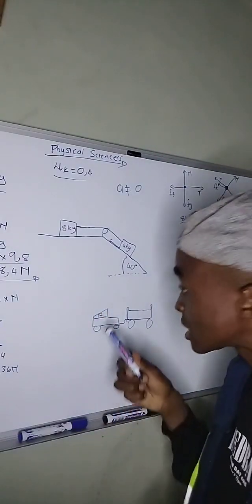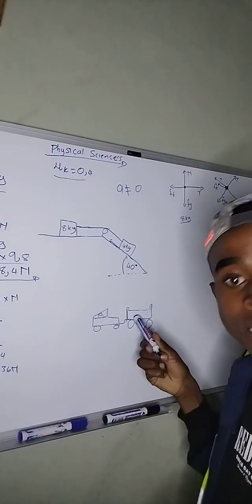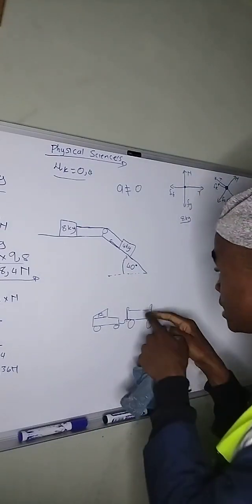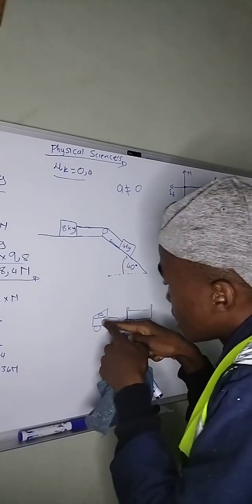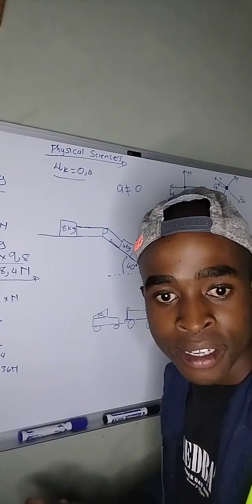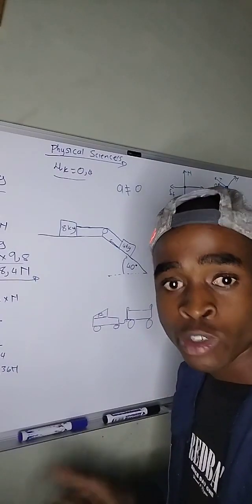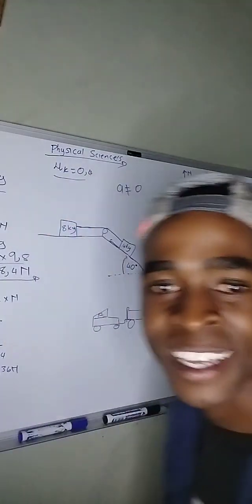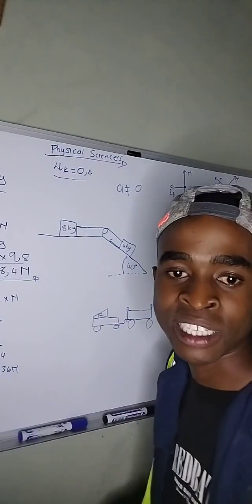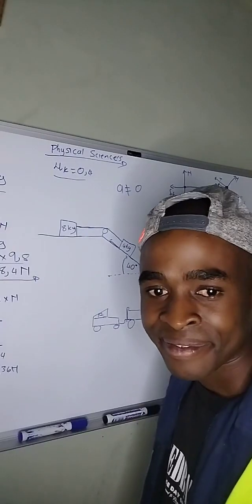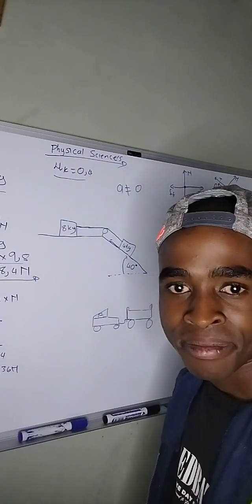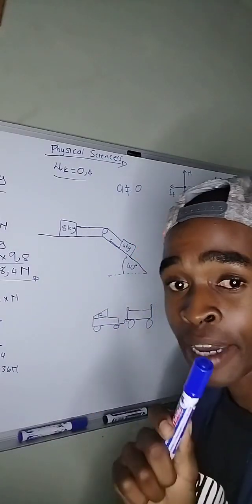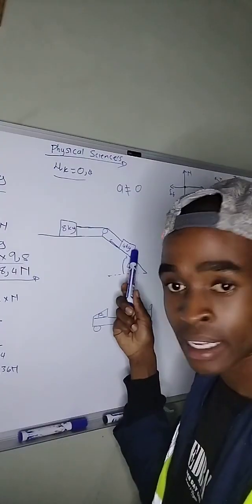Are you telling me the truck is accelerating more than this trailer? If I measure the acceleration here, it's going to be different than the acceleration of the truck. So what makes these two to be different? Maybe there's something special about these two objects.